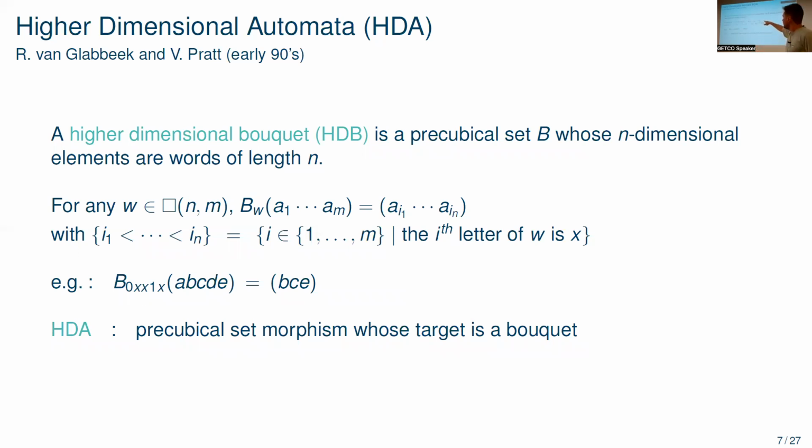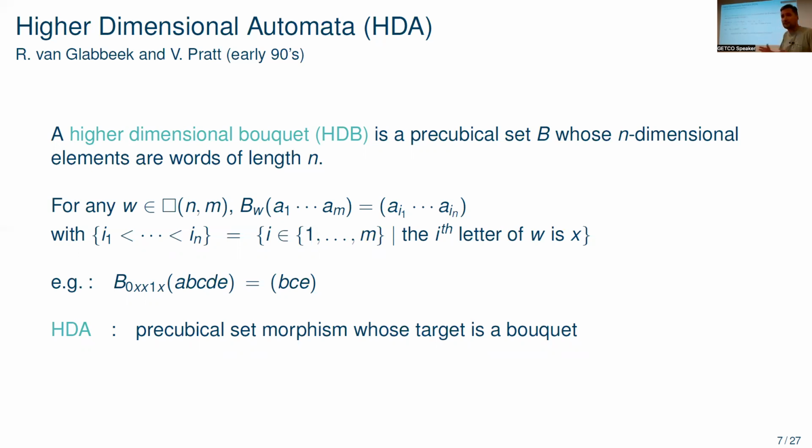So you will call a higher dimensional bouquet a precubical set where the n-dimensional elements are words of length n. And in that case, an HDA, a higher dimensional automaton, is just a precubical set morphism from some precubical set to a bouquet.